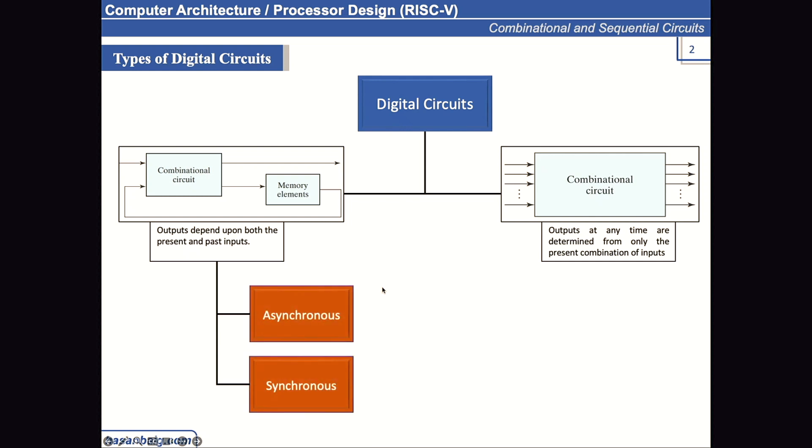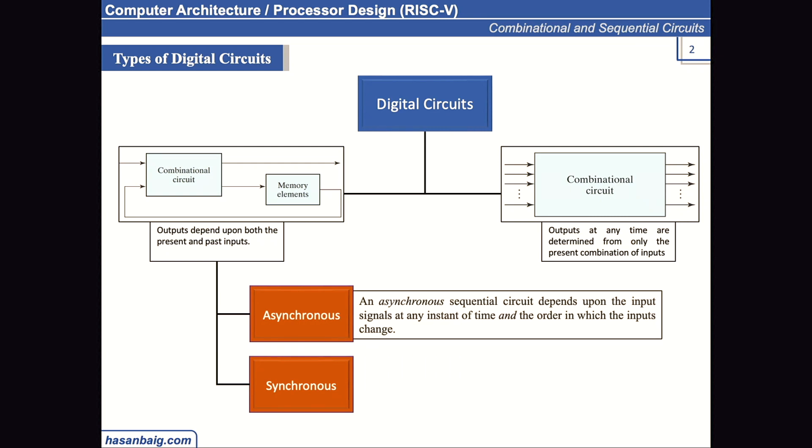This is just additional information, just for your understanding. There are asynchronous circuits and synchronous circuits. In asynchronous circuits, the output depends on the present input signals at any instant of time and the order in which the inputs are provided.